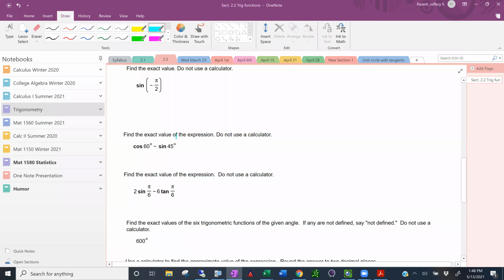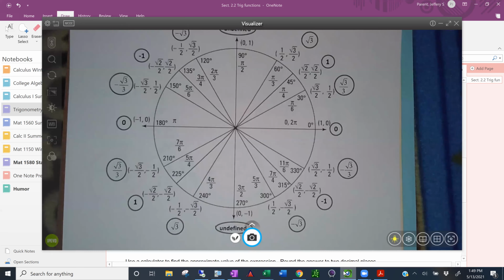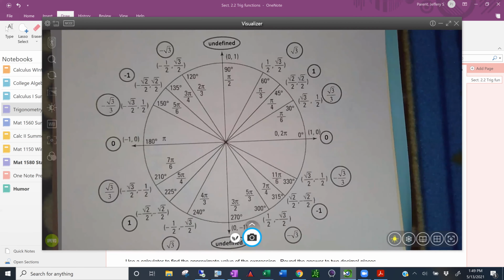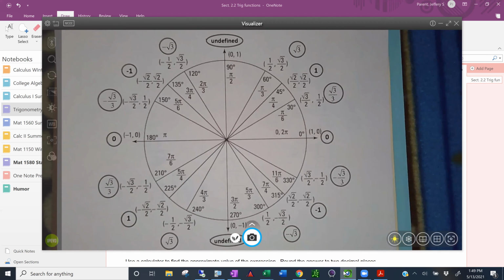So this one says the sine of negative pi over 2. Well, negative pi over 2, I'm hoping that you're familiar with that as basically a negative 90-degree angle. So if you have a negative 90-degree angle, where are you going to be in terms of the unit circle?